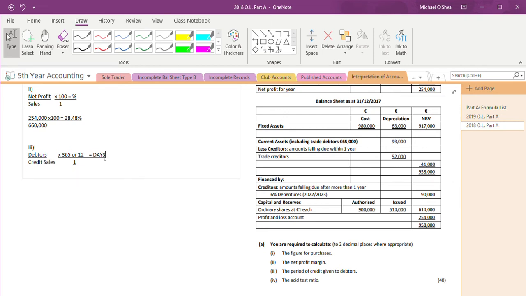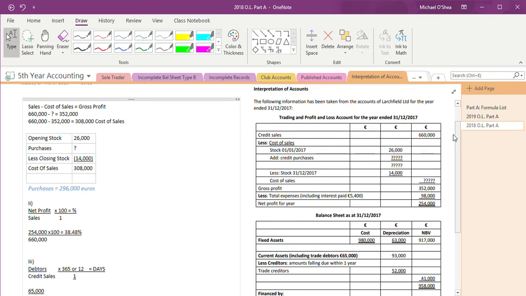So working this out here, I have my debtors. Debtors is given here in the balance sheet. Trade debtors 65,000. Under that, I'm going to have my credit sales. My credit sales is given at the top, 660,000.